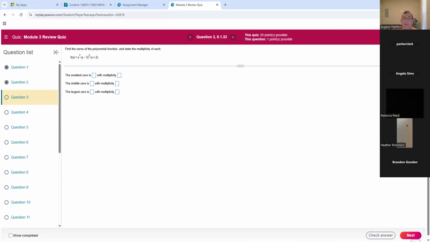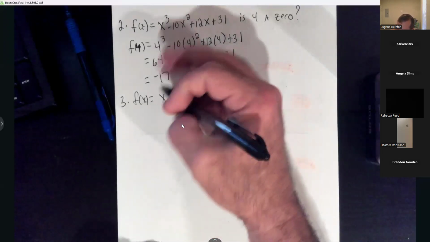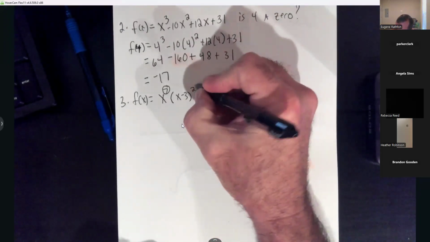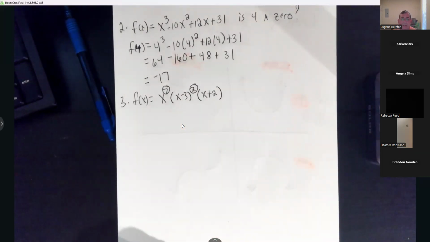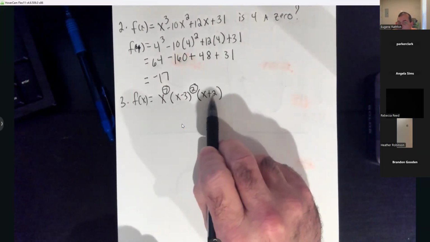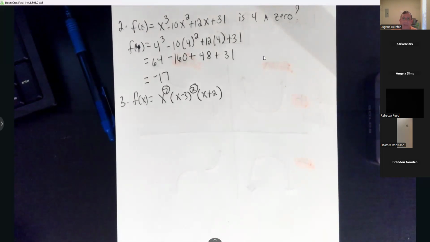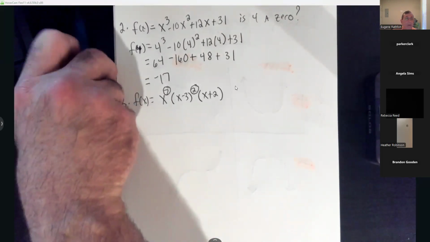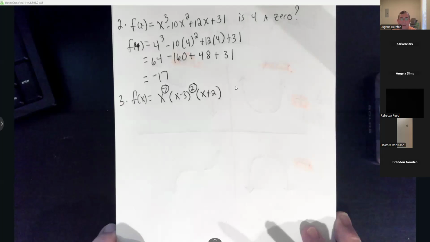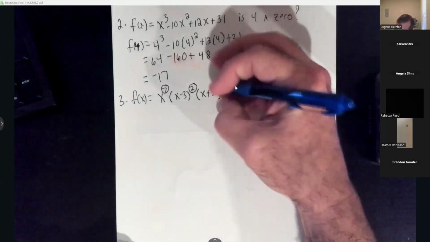So let's work this in real quick. These exponents are all going to be the multiplicities. Now, we don't have an exponent after the last parentheses. Do y'all remember what I would write here as my multiplicity? 1. There you go.